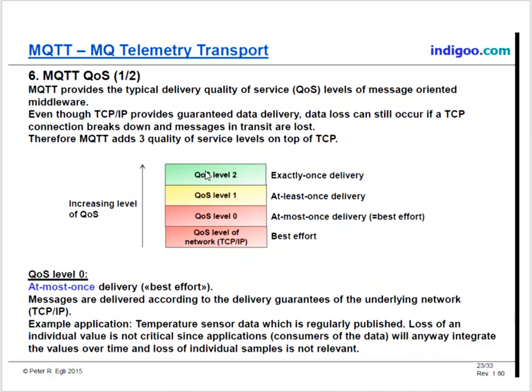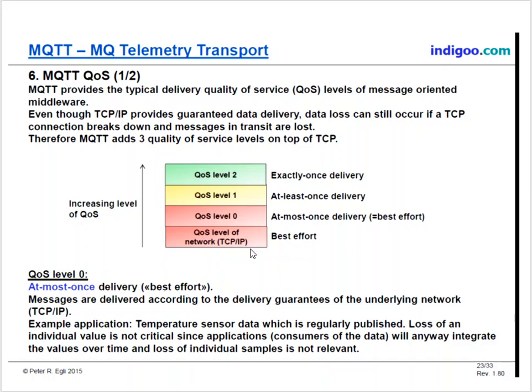If we choose level 2, the broker will take care that the subscriber that has ordered quality of service level 2 will receive only one message, exactly once.